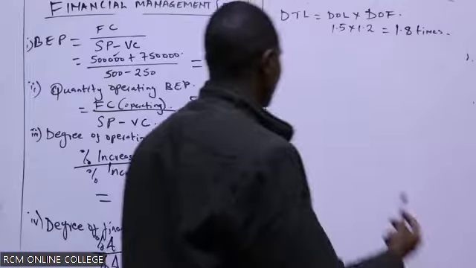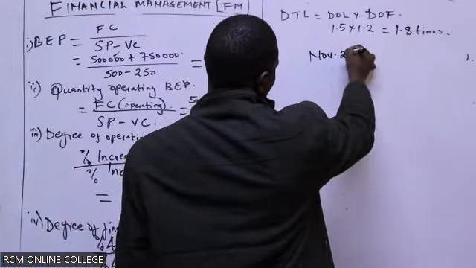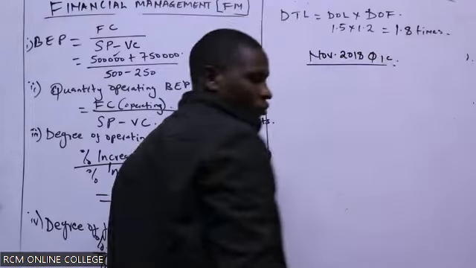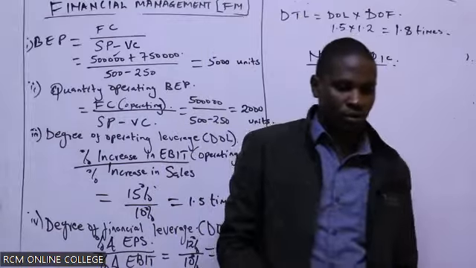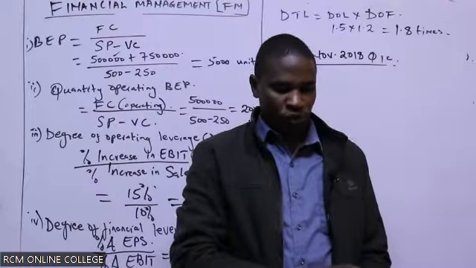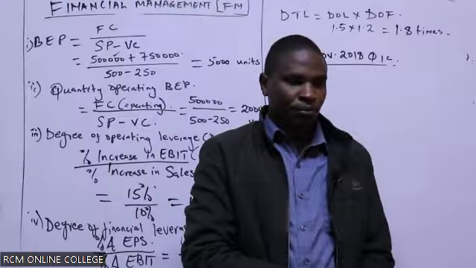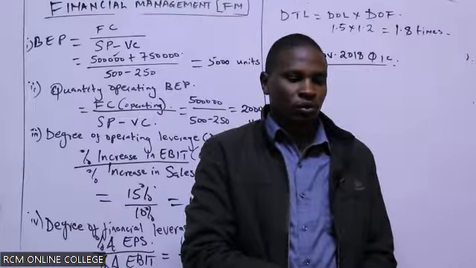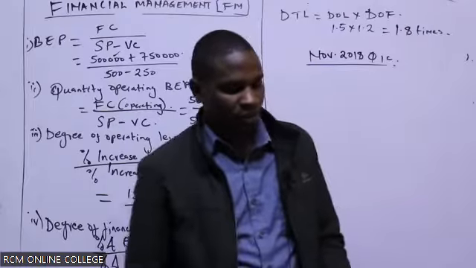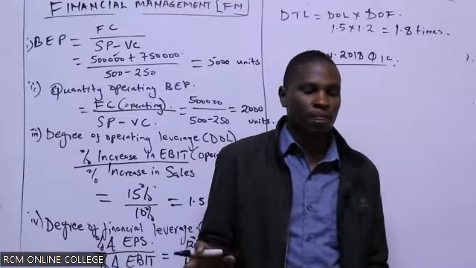Or if you have that paper, you can open it. November 2018, question number 1C. Now, at that question, you'll find that we are having values.